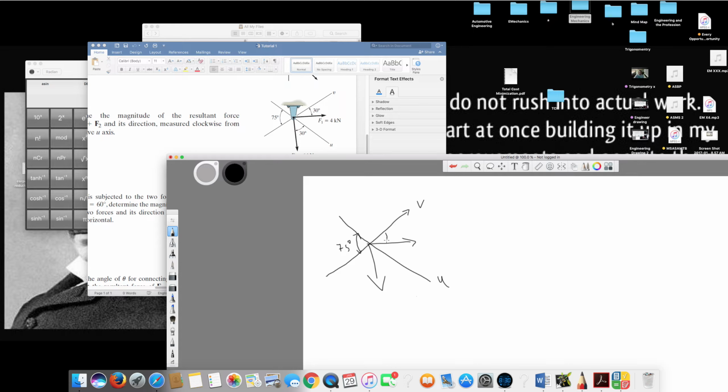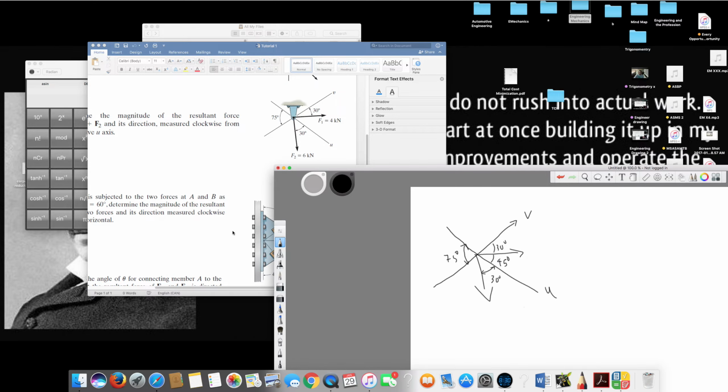So this one has been given as 30 degrees. According to the angle law, we know that opposite angles are equal, so 75 degrees, so this side should be 75 degrees too. Therefore we can find this 145 degrees. So we know these two angles, and the angle between is given as 30 degrees.